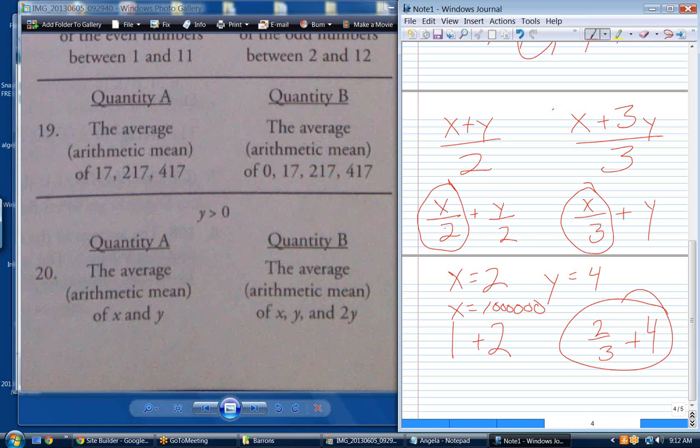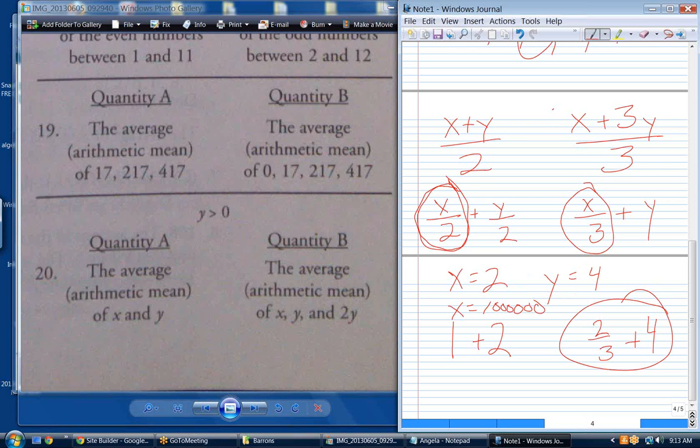And you can tell that this is going to override everything, and 1,000,000 divided by 2, the left side is going to be bigger than 300,000 if y is still 4. So right there I found two cases, one where the right side was bigger and one where the left side was bigger. And that's all I need to know.